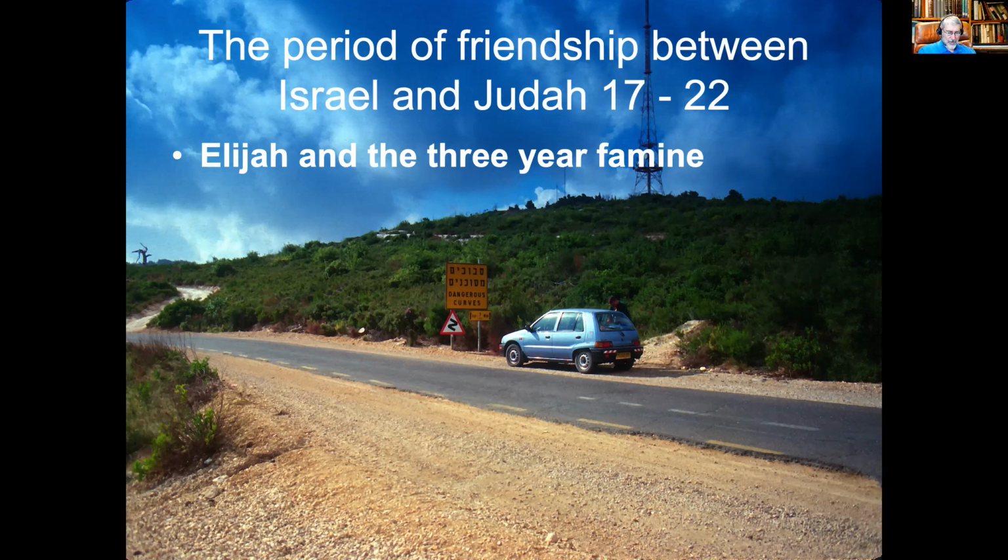So Elijah the Tishbite said to Ahab, 17:1. This is a fascinating statement. Elijah is not mentioned prior to this time. We have no introduction to him. I have no idea who he is, except that he is from Tishbe. He's a Tishbite. The word Tishbe in Hebrew means nowhere.